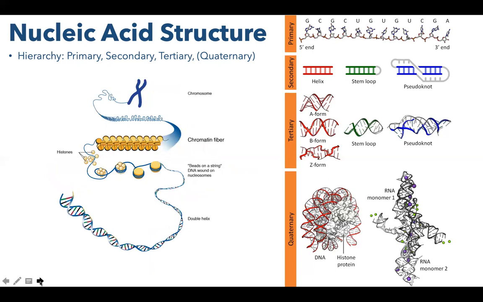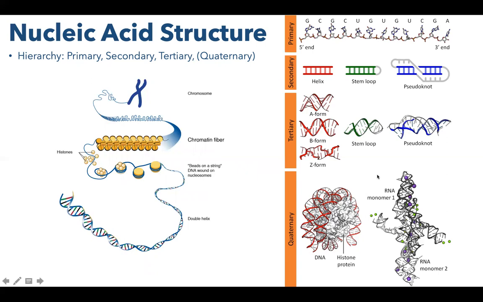Finally, we have the quaternary structure. In the case of DNA, the classical example would be your DNA bound to the histones or the histone proteins. So in this quaternary structure, there is another biomolecule involved.